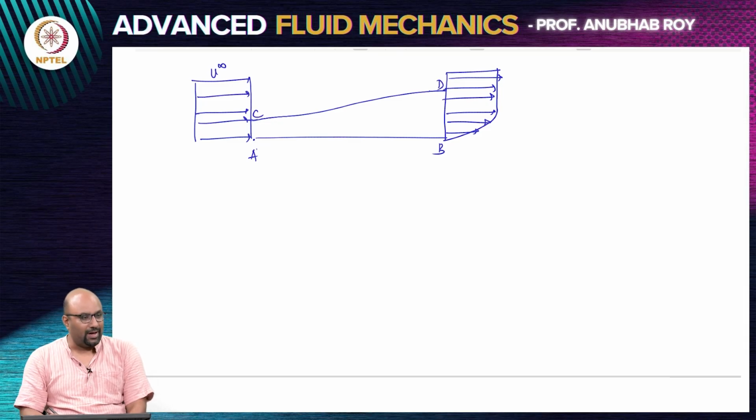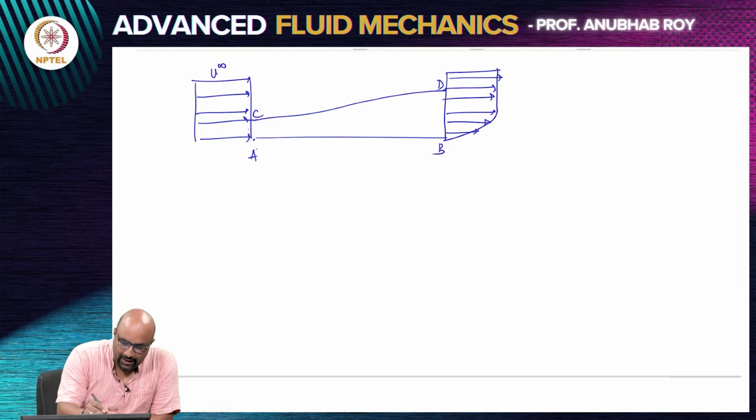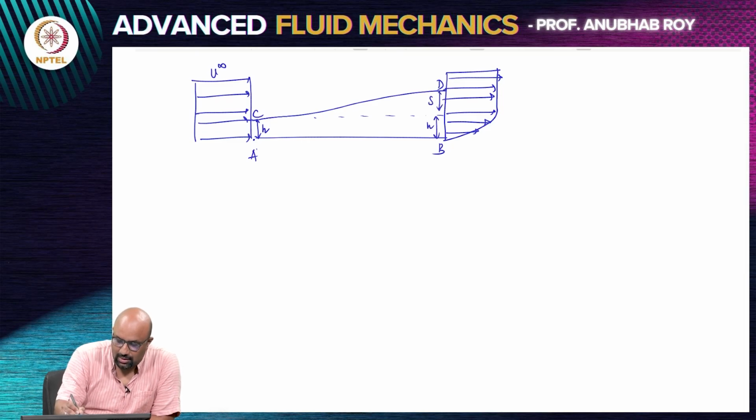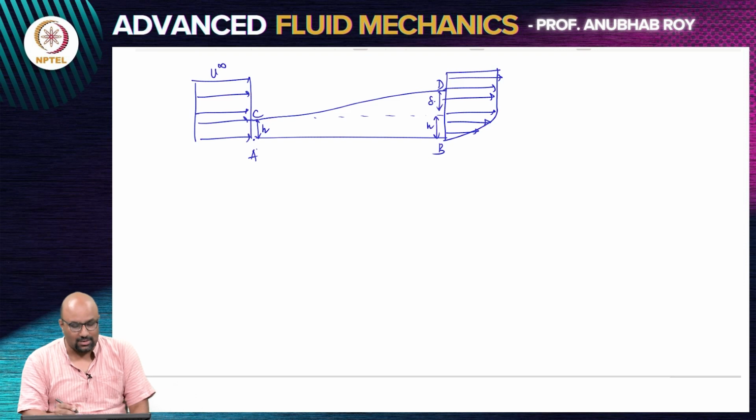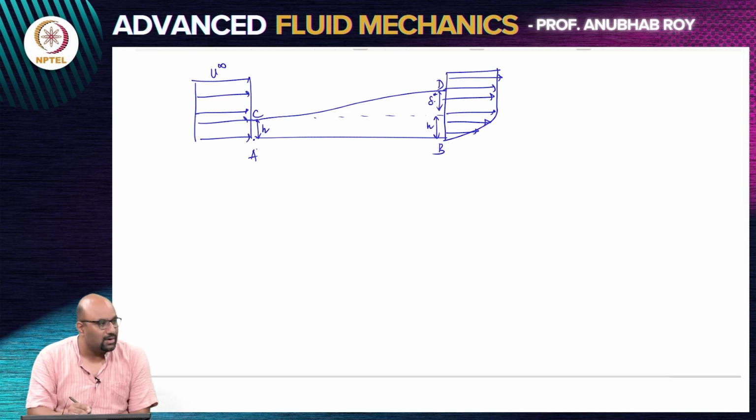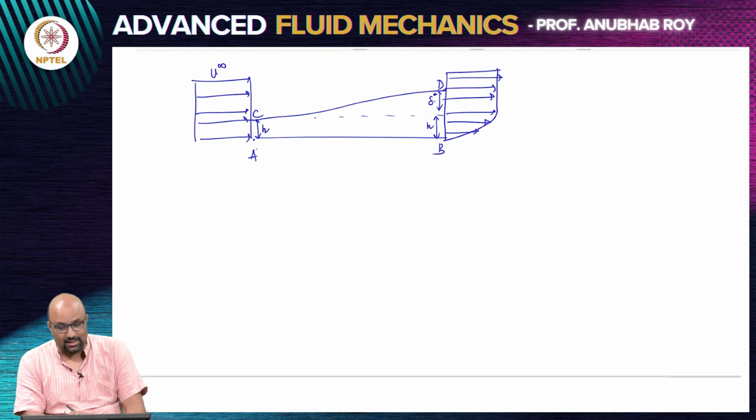We would get a deflection of the streamline. Now, if I say this height is h, and here I write the height as h, and then the deflection that has occurred I will call delta star.